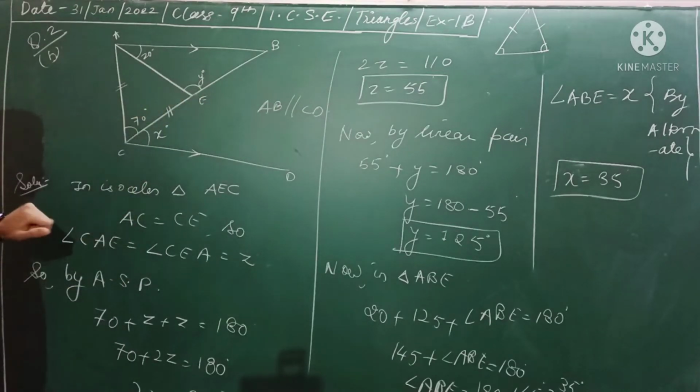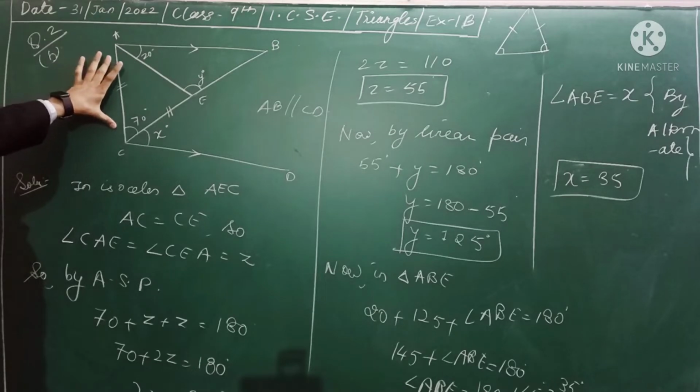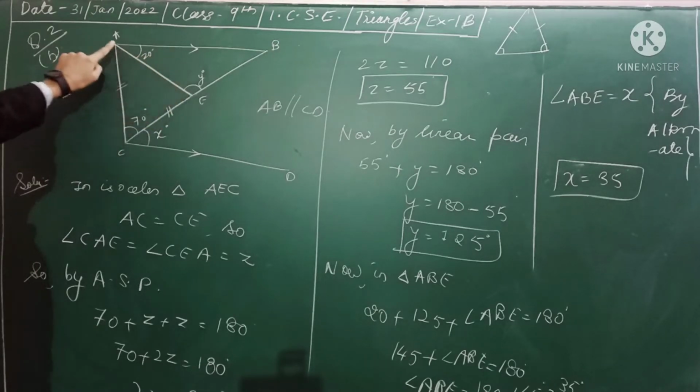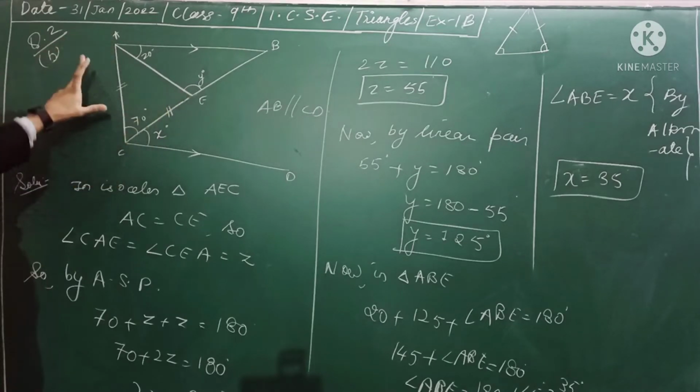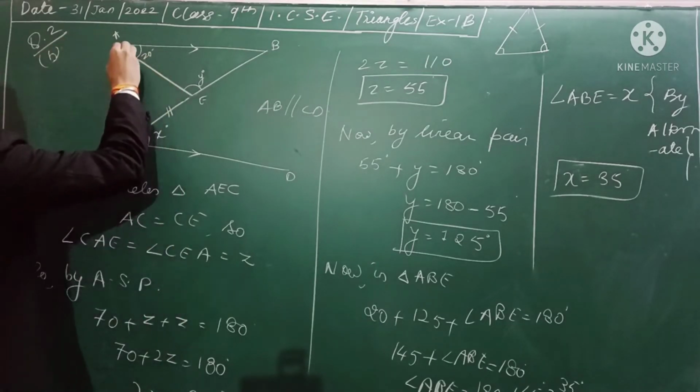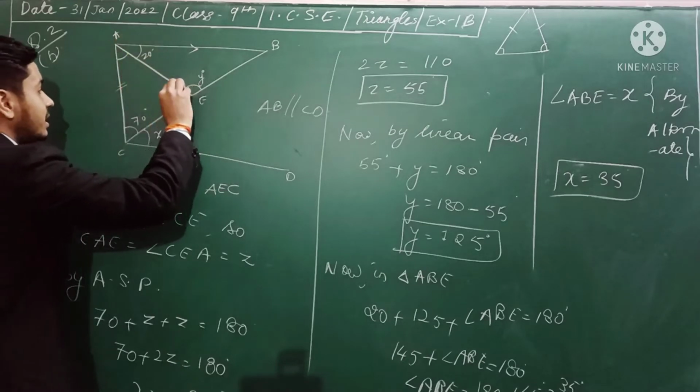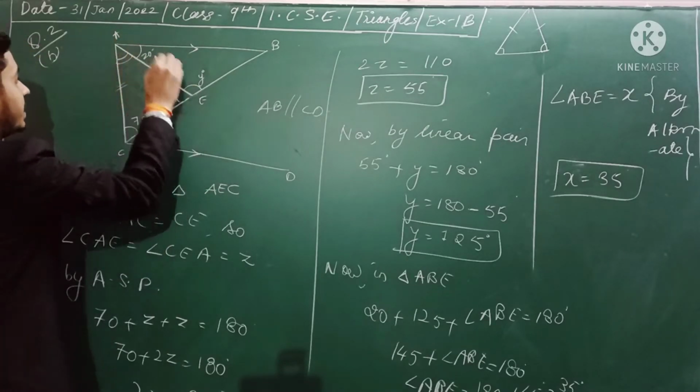Let's start with AC equal to CE. Can you see an isosceles triangle here? AEC, where AC is equal to CE. According to the property, these two angles will be equal.